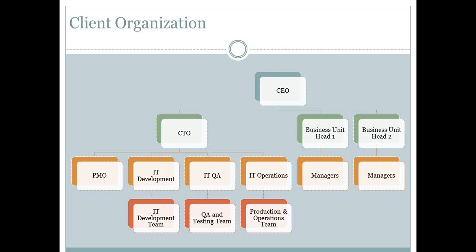The responsibilities are clearly demarcated. Development would focus on developing the solution, so the requirements and development, everything would come under the purview of the development team. Then the QA would test the system, and the UAT would be coordinated by the QA team. And once the system is accepted, it's handed over to the operations team, and they would manage the live system.